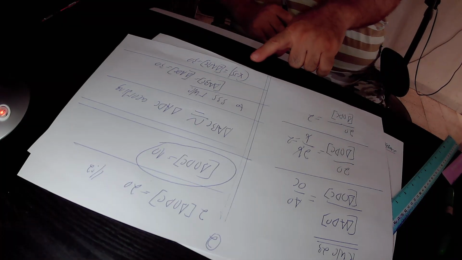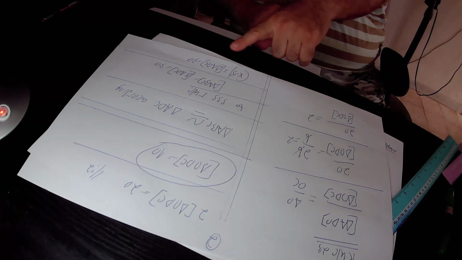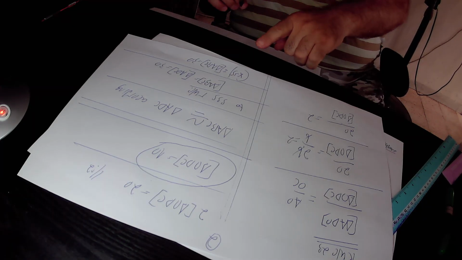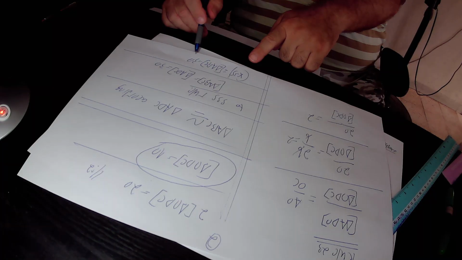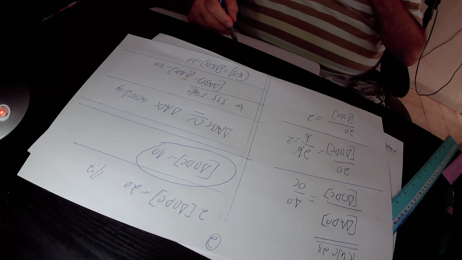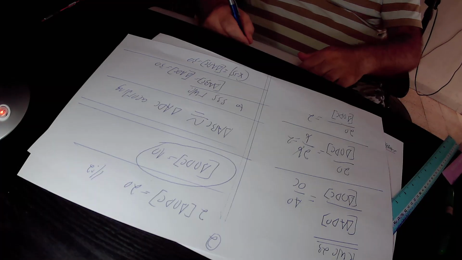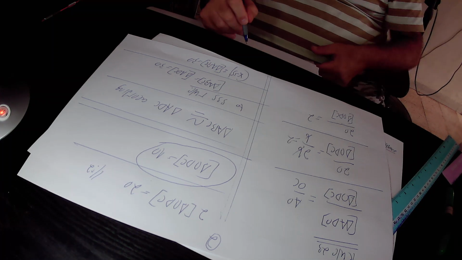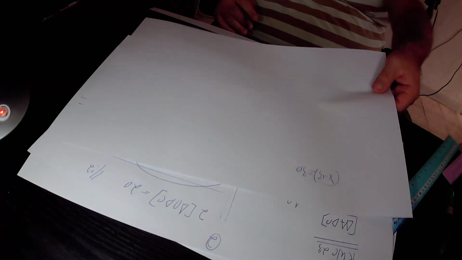And from this equation, x plus 5 equals the area of triangle ABC, which equals 30. We will derive that x plus 5 equals 30.